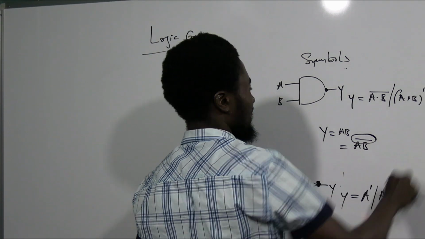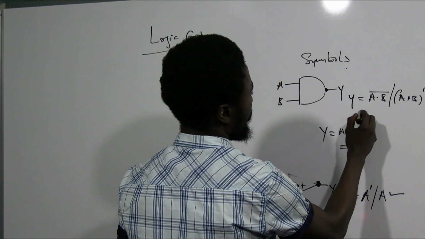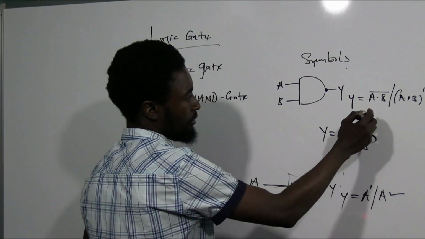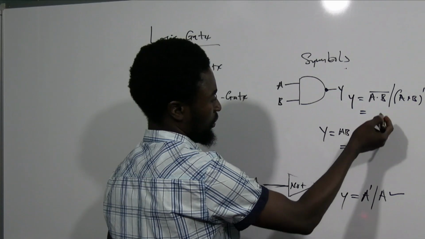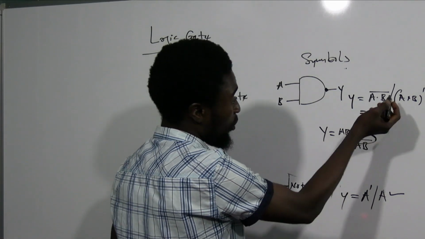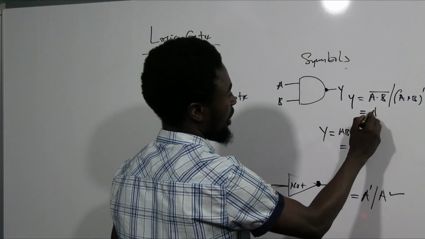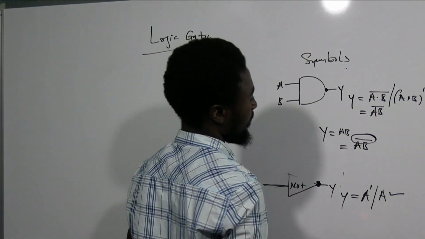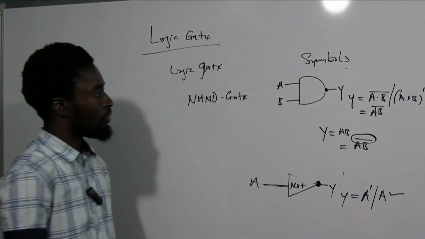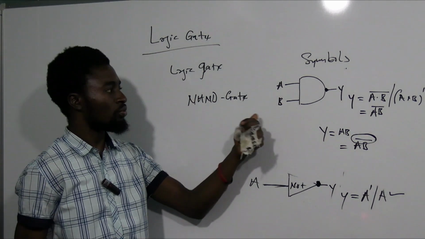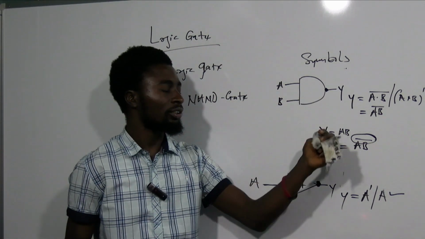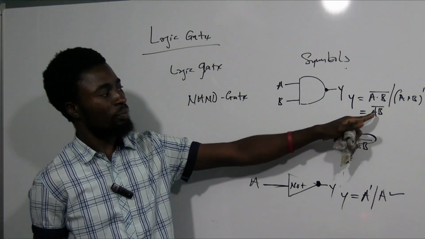But it is appropriate to get the expression completely simplified, so you have AB all bar. So that is how to draw the AND gate, the NAND gate, and the possible expression is this.